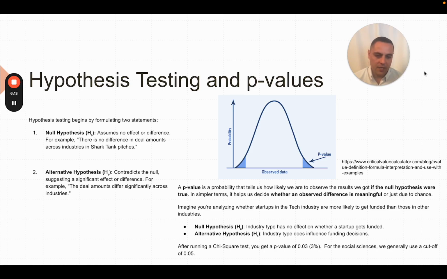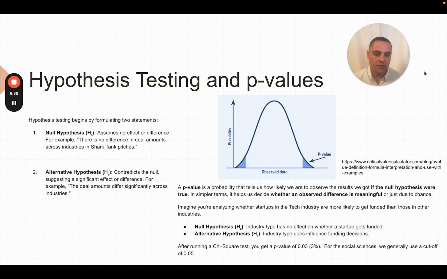And you might run a test. In that case, it's what we refer to as a chi-square test because we have categorical data, right? Categorical and categorical. So industry is categorical. Whether or not a startup gets funded is categorical, yes or no. We get a p-value of 0.03 or 3%.